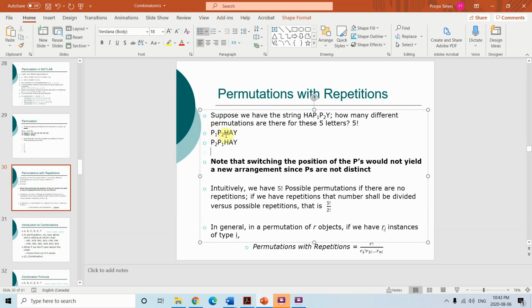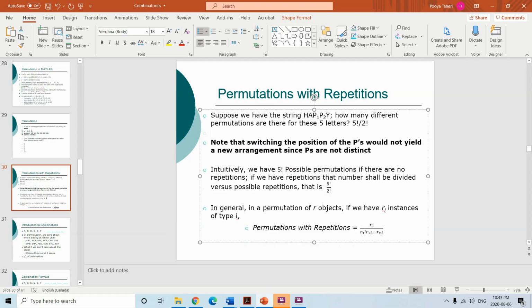There is no P1 and P2, they're just P's. If I remove these indices, you see that these two are the same. So in this 5 factorial, this word was counted twice because there are 2 factorial permutations for the 2 P's. To find the answer here, we have to say 5 factorial divided by 2 factorial.